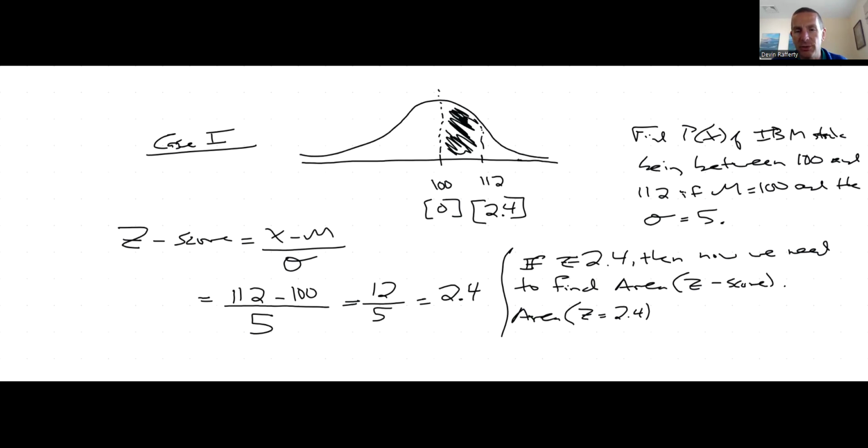The area of z equals 2.4 is 0.4918, which means that there is a 49.18% chance of IBM stock finishing the day between $100 and $112 if the average is 100 and the standard deviation is 5.